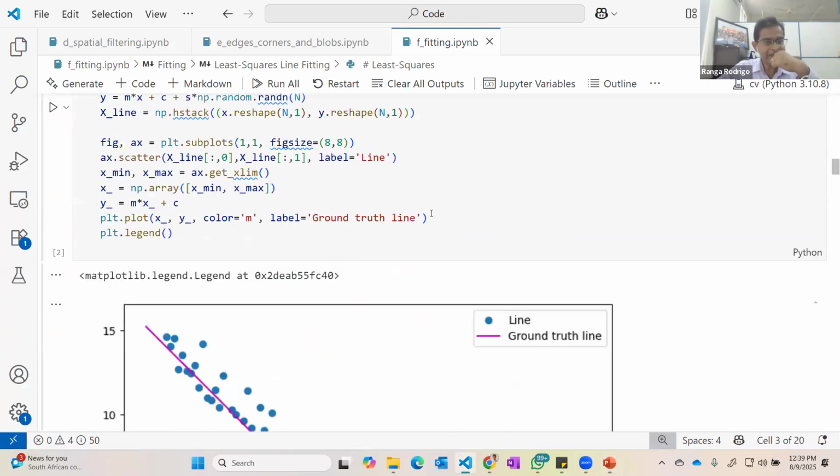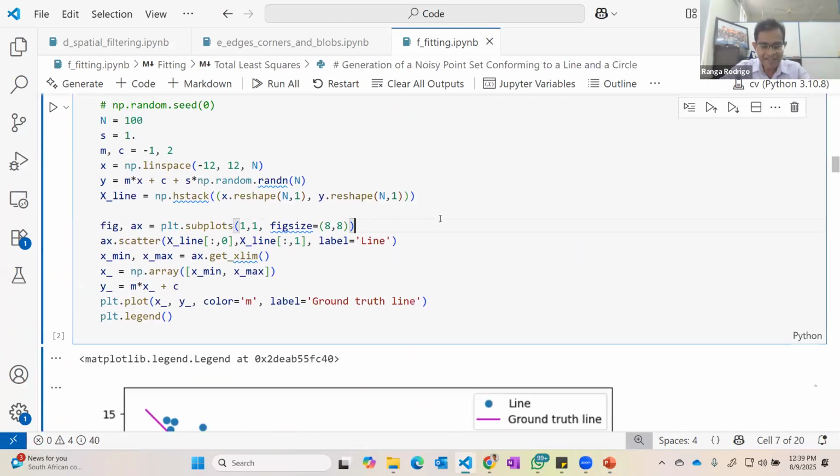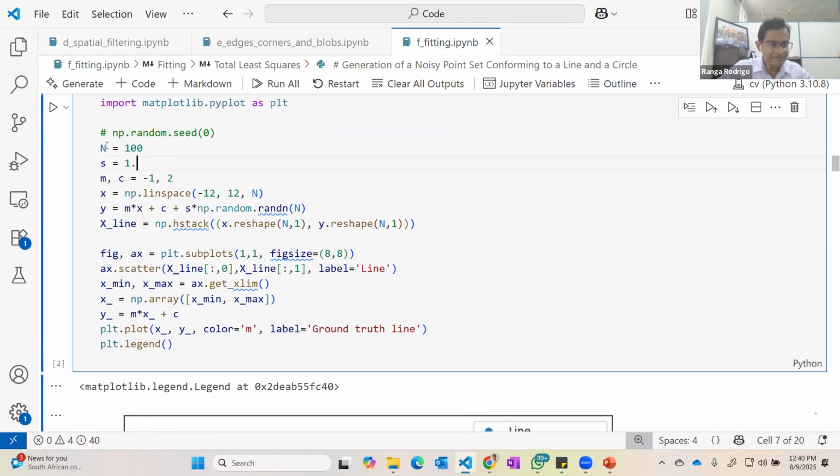This is called total least squares. It's a very small piece of code, but it's slightly mathematical. Again, you can see I have picked n equals 100.